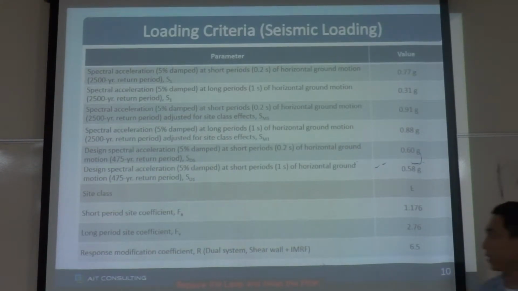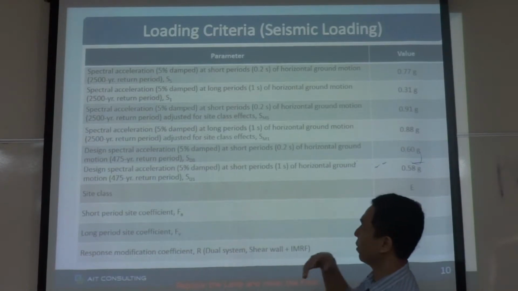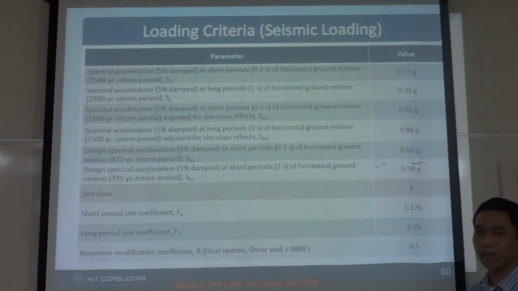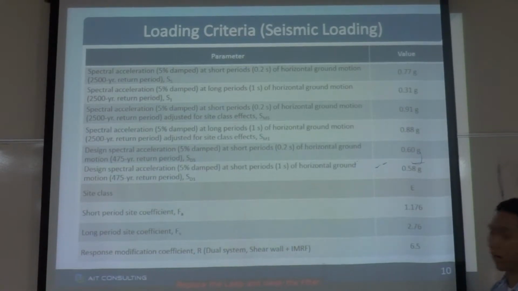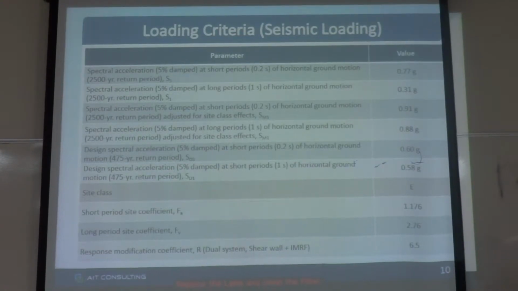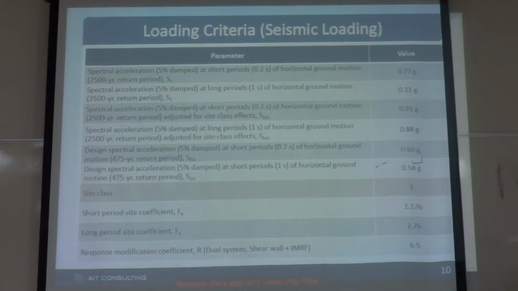And in case the maximum earthquake which can occur at the site in 2500 years, the strongest earthquake, comes, the building will not collapse, but there might be a lot of damage and the building might not be reused.